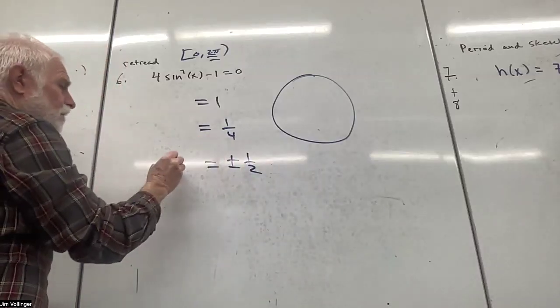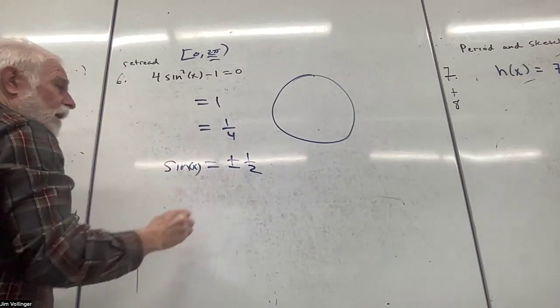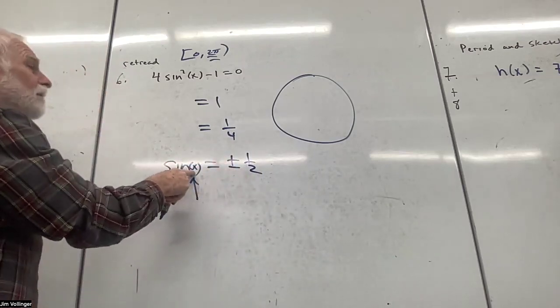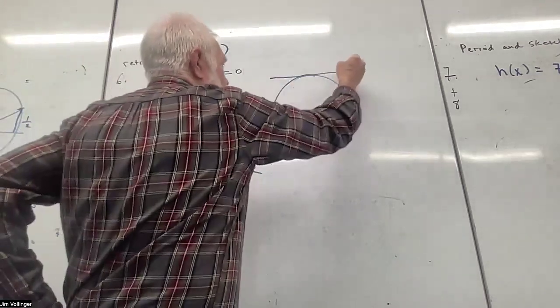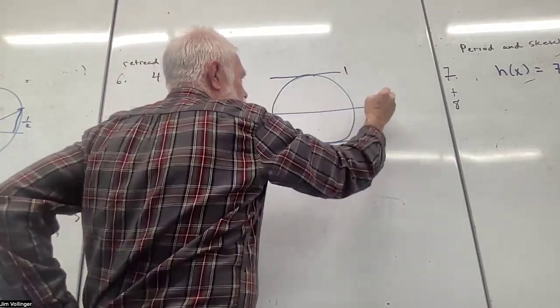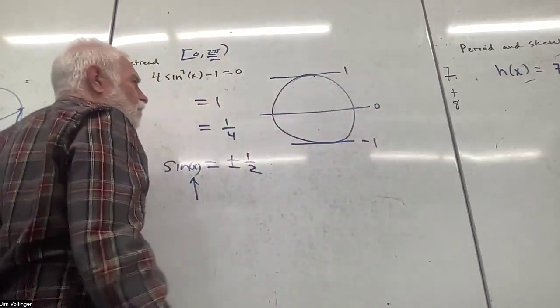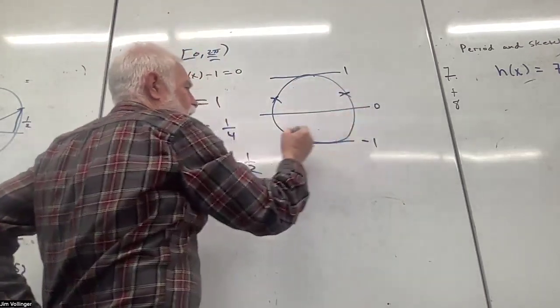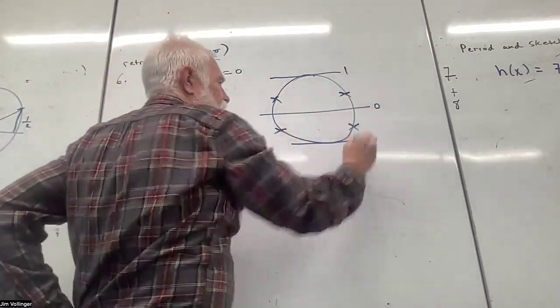And now we're here. Okay, I'm giving you the ratios this time. I'm looking for what? The angles. I know the sine function never gets bigger than 1, smaller than -1, and in the middle is 0, and I want a half. Looks like that's halfway up, that's halfway up, that's half, and that's half.